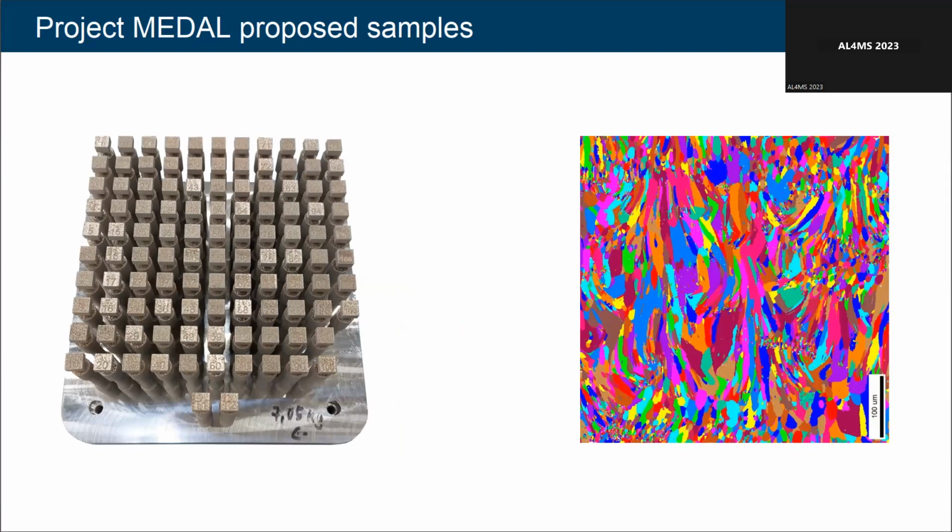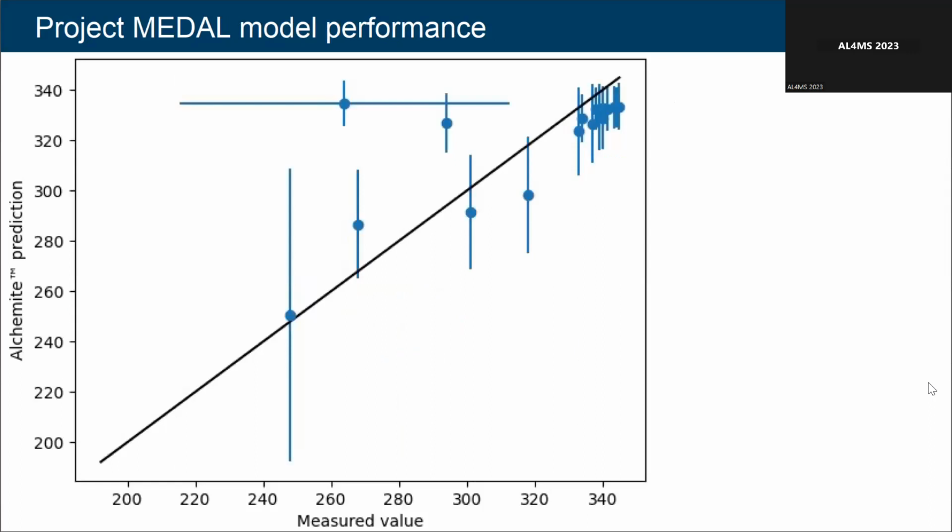But on the next slide, we'll be able to see the actual performance of this, where we've got on the y-axis, the machine learning prediction for a quantity, and on the x-axis, what was actually measured in experiment. And we can see, well, firstly, I'm very happy it's all got uncertainties on it.